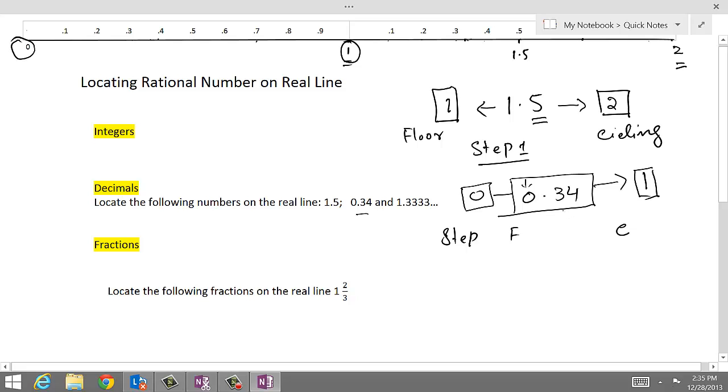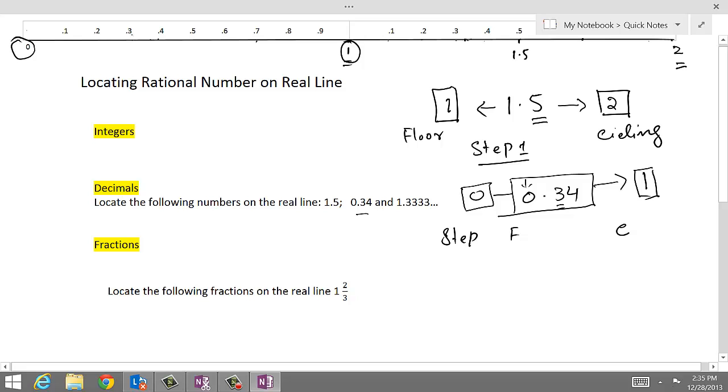Now we take a look at the first digit after the decimal point, that's 0.3. If we divide the space between 0 and 1 into 10 equal parts, this is the place where 0.3 comes.